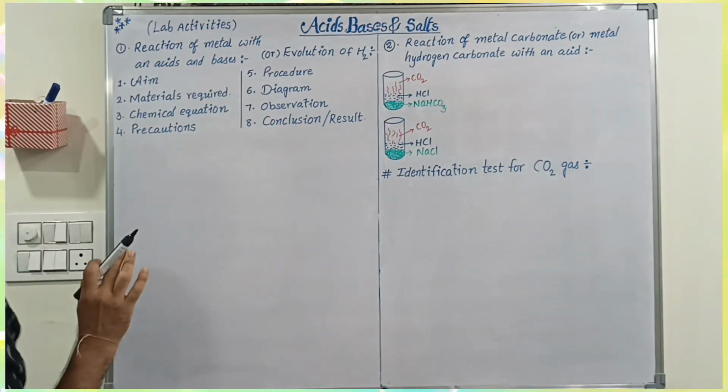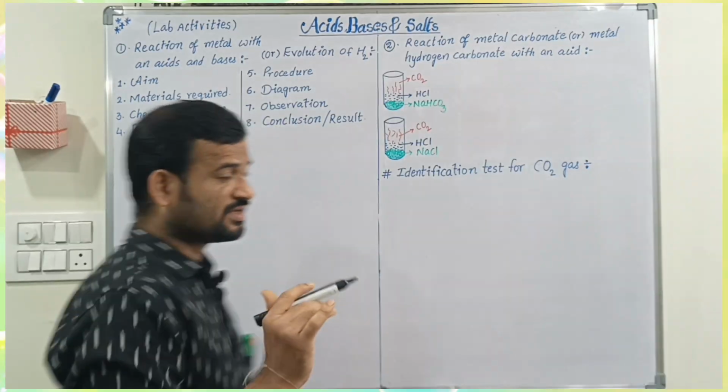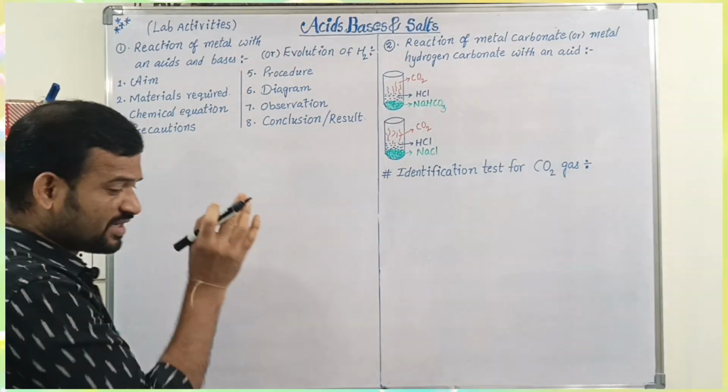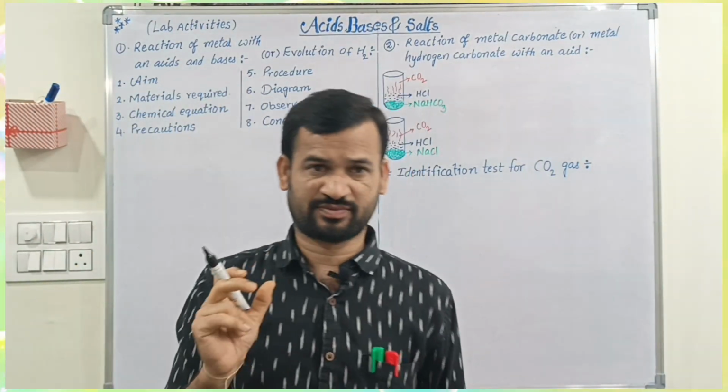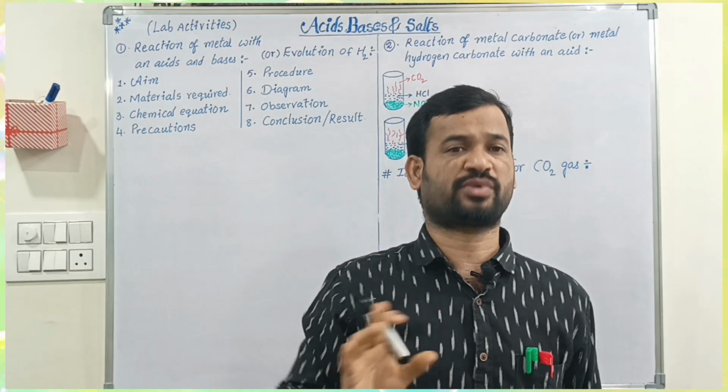Understand? Reaction of metal with acids and bases means here we take zinc metal, zinc granules. That zinc granule reacts with acid as well as base separately.